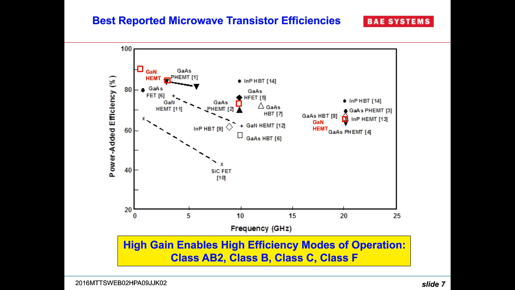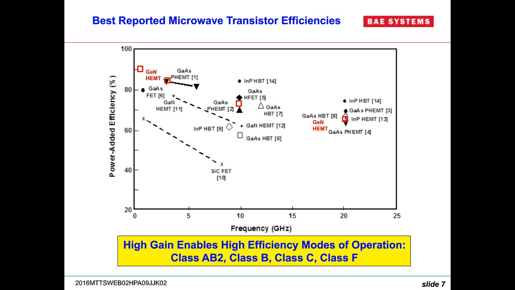And another point I wanted to make is this is all at microwave. You're gain limited at millimeter wave, so you're really forced to be a Class AB1, high bias Class AB, or even Class A. So you don't get these sort of numbers up in millimeter wave. But the point in terms of GaN HEMT is it's in the mix with the best of them.